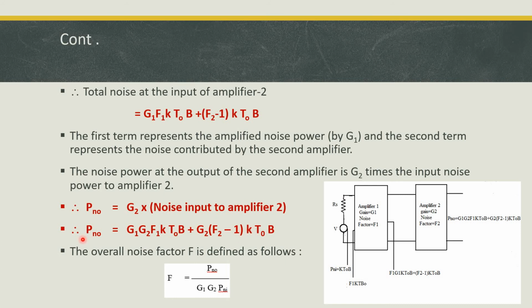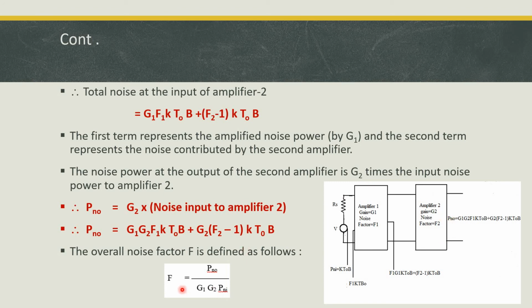Then the final equation is Pn0 is equal to G1 G2 F1 K T0 B plus G2 (F2 minus 1) K T0 B. The overall noise factor F is defined as follows. As per this block diagram, two amplifiers are available.